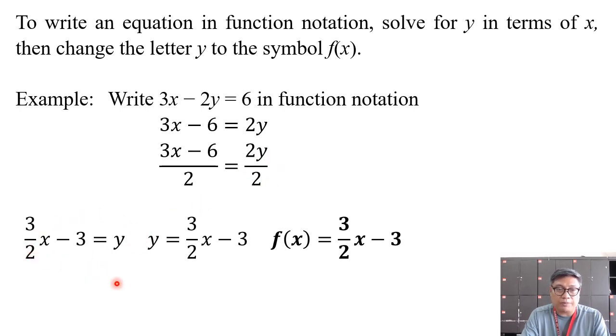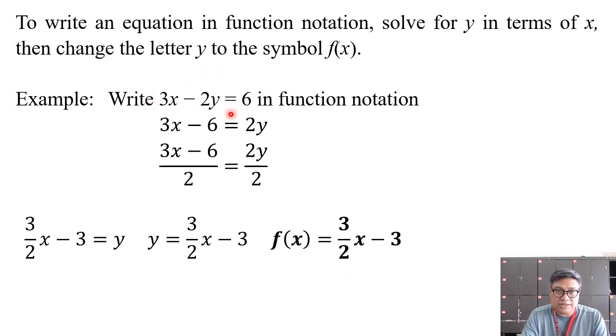By the property, class, of symmetry, we can just rewrite this as y equals 3 halves of x minus 3. Then, according to the rule, we change your y into f of x. So the final answer would be f of x equals 3 halves of x minus 3.